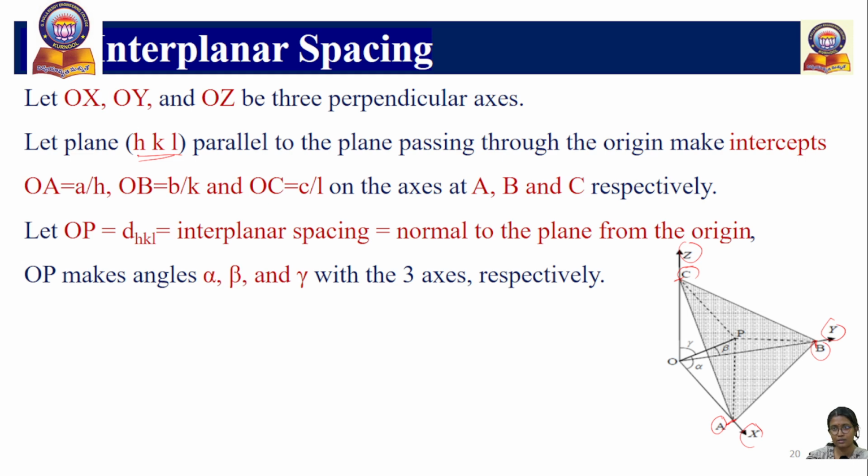First we find the intercept, then take the reciprocal, then multiply with the least common denominator. So if we know the intercept, we can find the Miller indices. By back calculation, if we know the Miller indices, we can find the intercept. Okay. So from Miller indices, we are going to find the intercept.